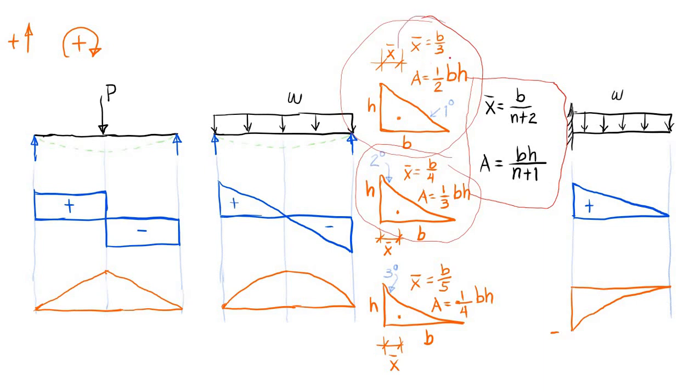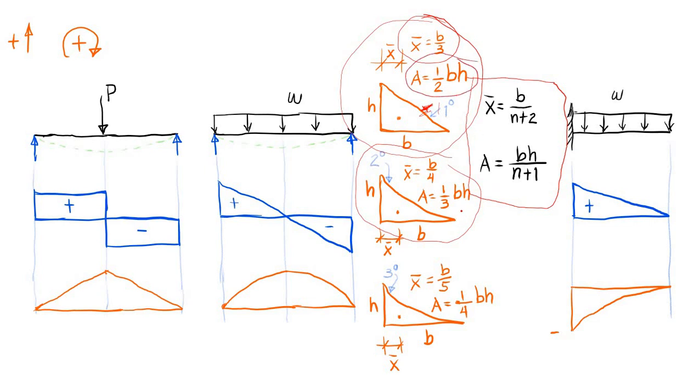So we have this location of centroid. And for the computation of our area, we have base times height all over n plus 1. If the degree of this line here is first degree, then 1 plus 1 equals 2. So we have here area equal to 1/2 base times height.